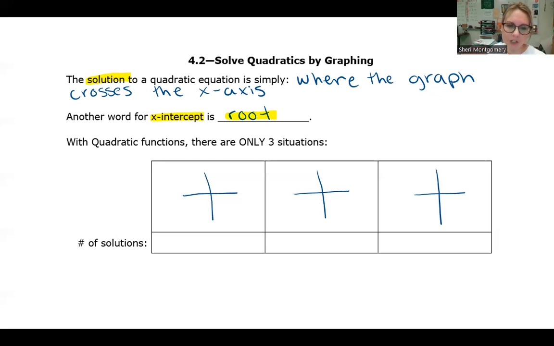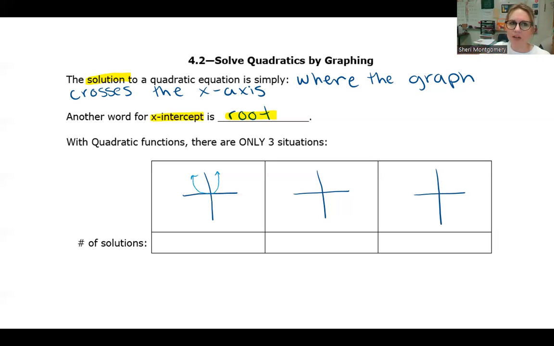So just the parent function quadratic. It starts at 0, 0, and it makes this U. That's one situation. Another situation, that graph could be shifted down, and it doesn't mean that it has to be along the y-axis.